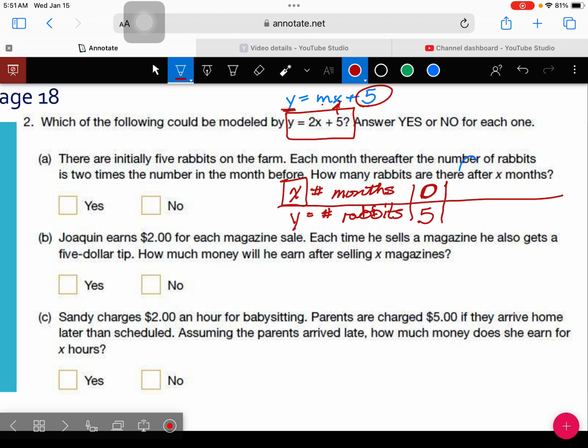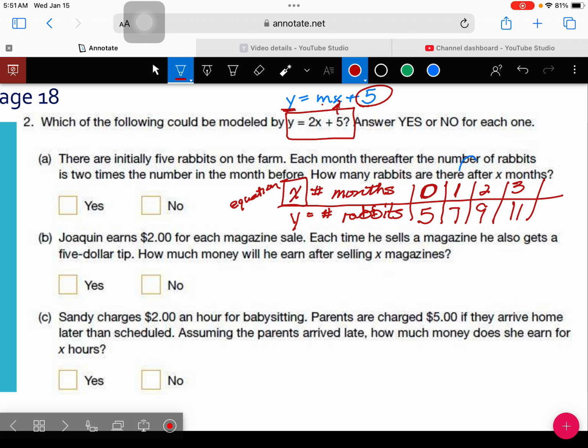And after 1 month, 2 times 1 would be 2, plus 5 would be 7. So I'm going by way of the equation. And if I substitute 2 in for my equation, I get 2 times 2, which is 4, plus 5 is 9. And I could put in 3, 6 plus 5 is 11.